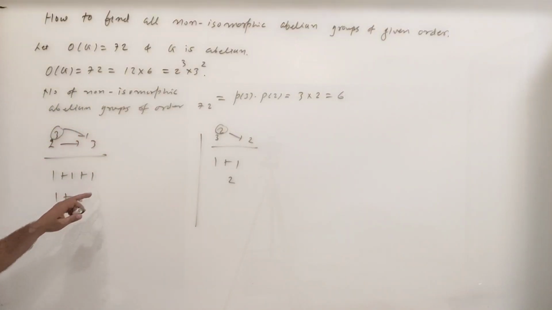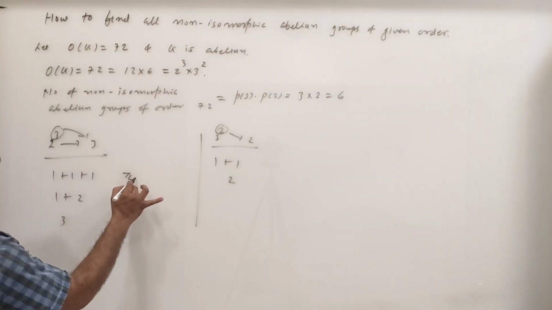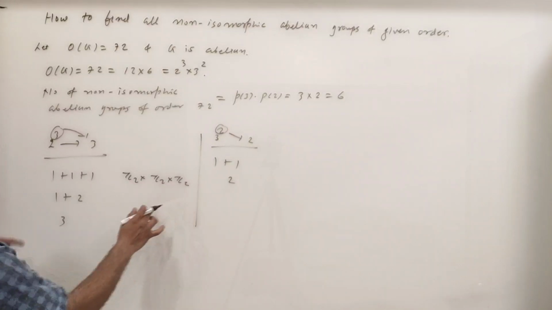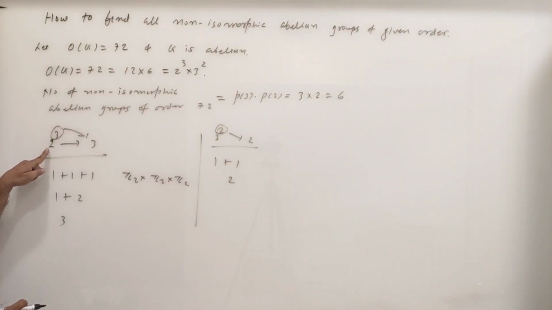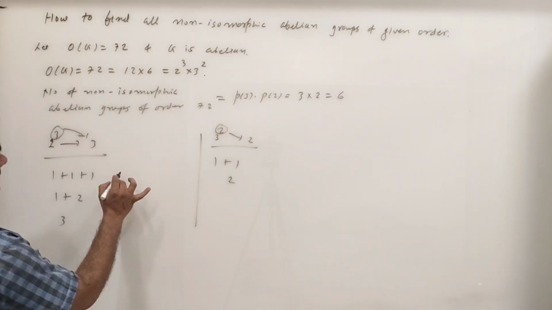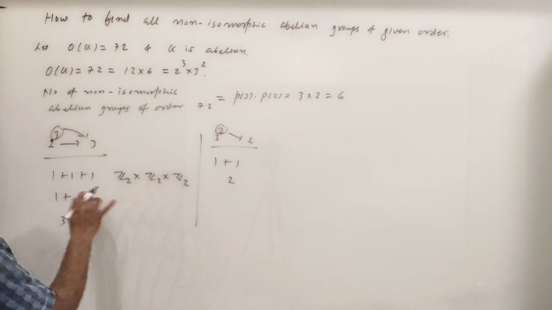Now corresponding to this, and here base is 2, so here I will write 3 times Z2. ये 2 कैसे आया? यहाँ से. यहाँ पे बेस प्राइम क्या है? P1 it is 2, so it is Z2 cross Z2 cross Z2 and 1 1 1.